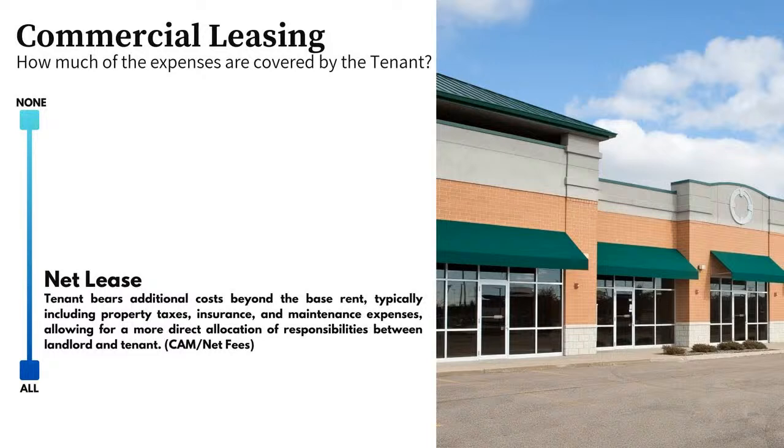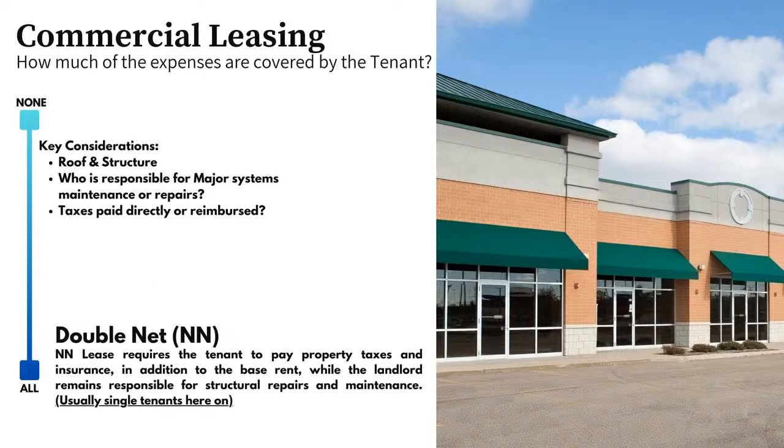It could be maintaining the exterior of the building. It could be the exterior lights of the parking lot. Those need to be paid. That's common area maintenance, and net fees would be more along the lines of taxes and insurance to be reimbursed to the owner. Those could be some net fees falling under there as well.